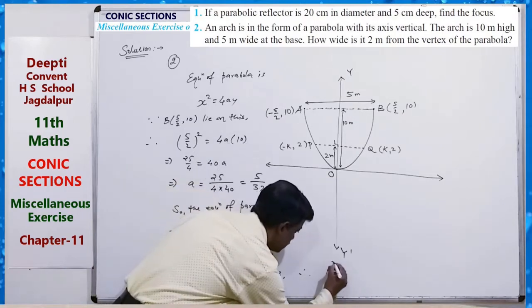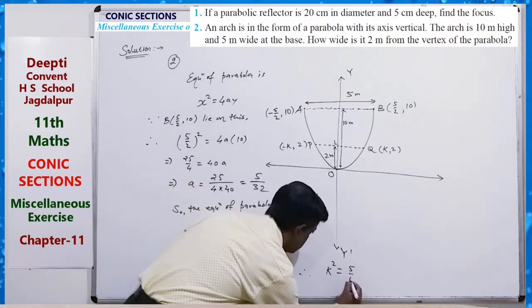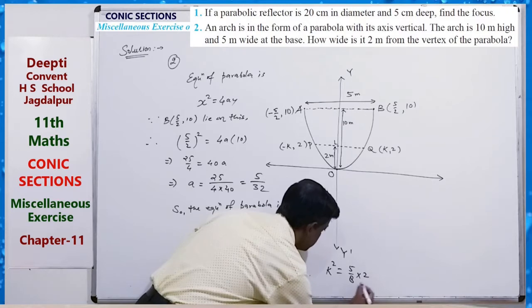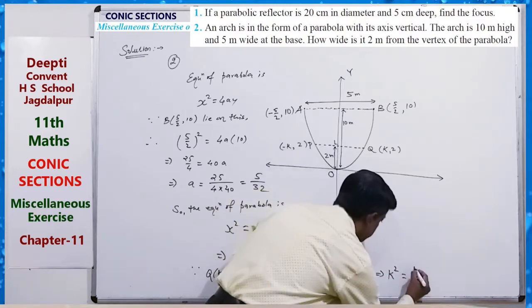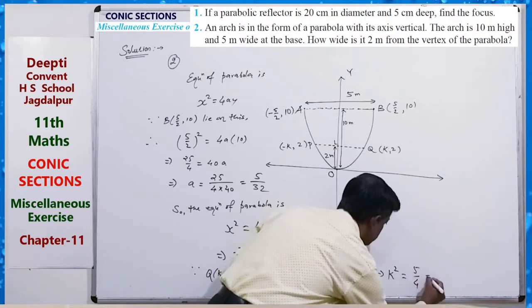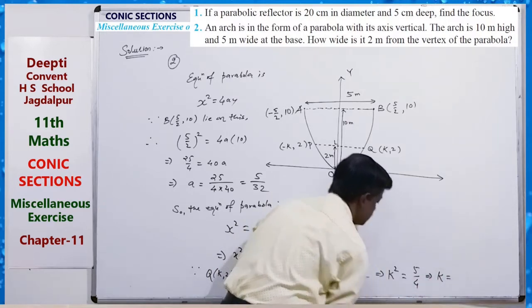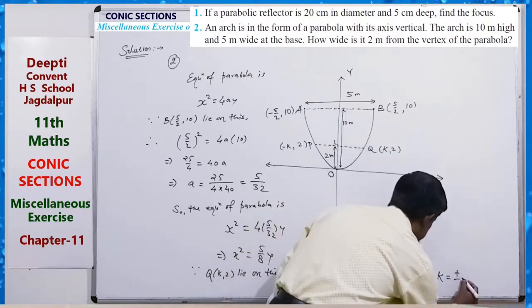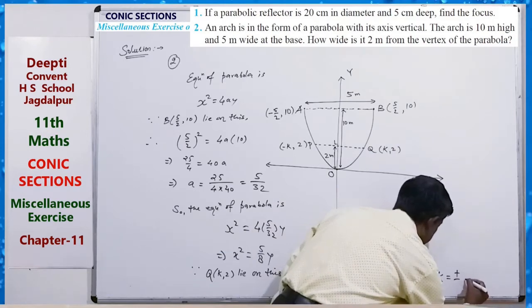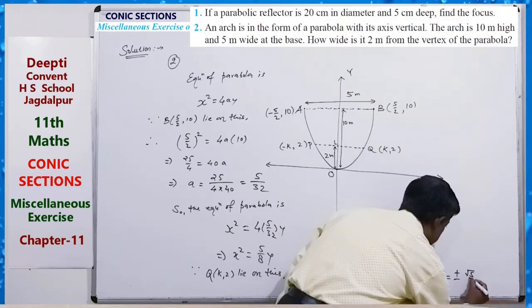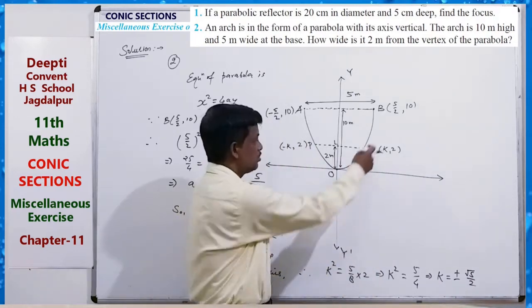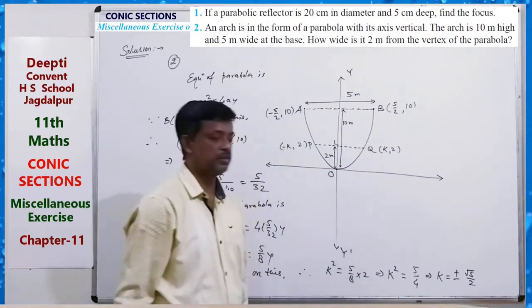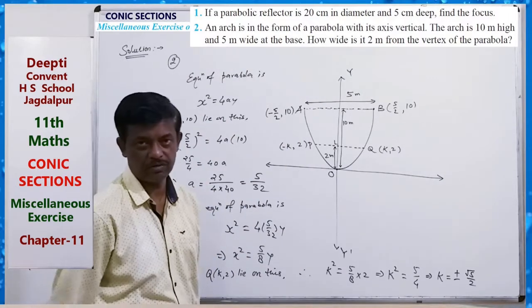So K square equals 5 by 8 into 2, which implies K square equals 5 by 4, which implies K equals plus minus root 5 by 2. That is plus root 5 by 2 and minus root 5 by 2.